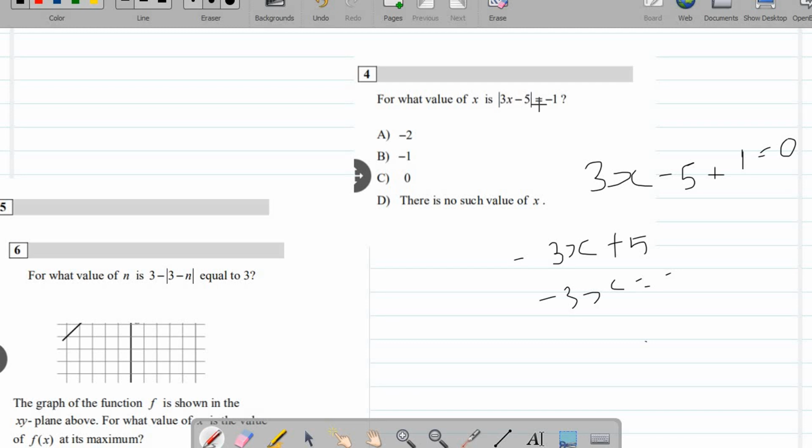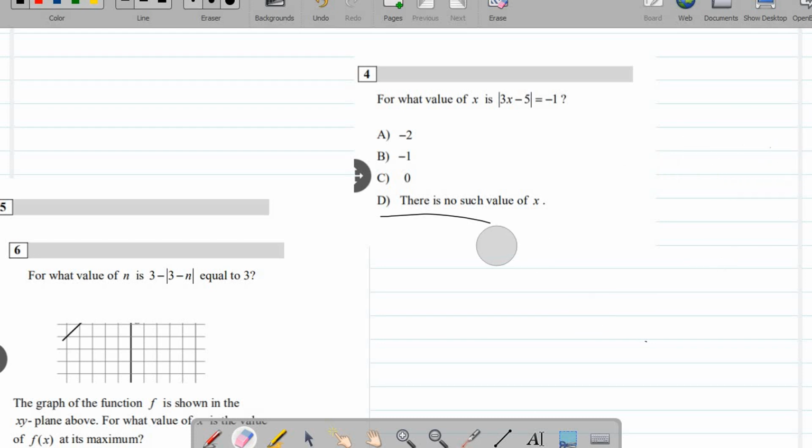If you have the absolute value of this and it's negative, there's no such value. That's the reason why you put the negative and you put the positive, and yet you have two different answers. Then that means there's no such value in this case. Remember, the absolute value can never be negative. The absolute value has to be positive.